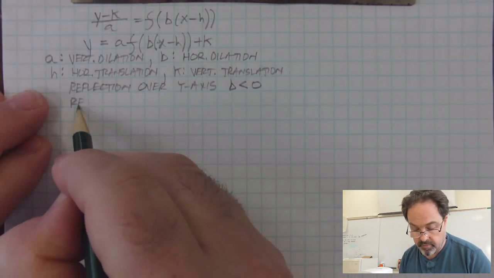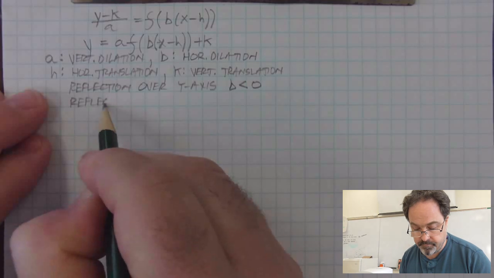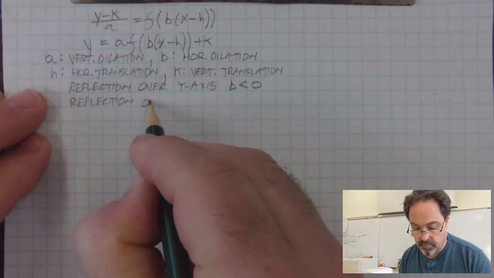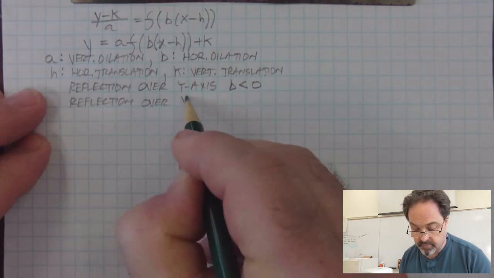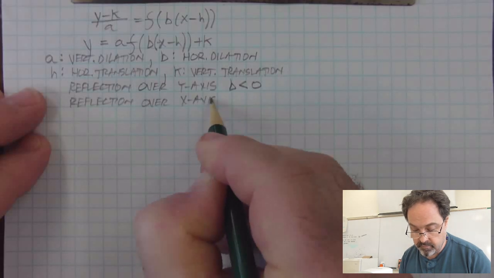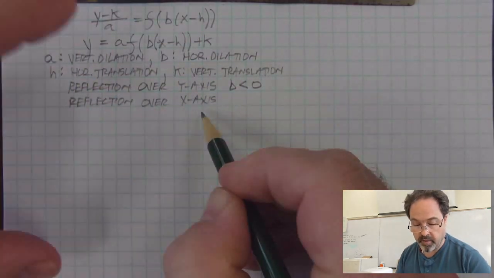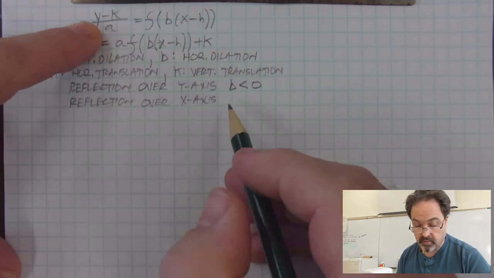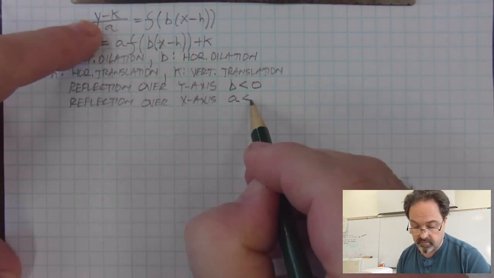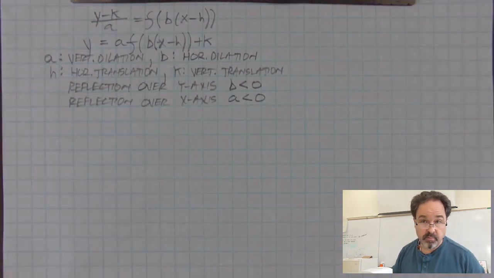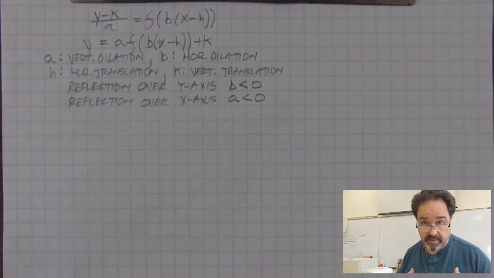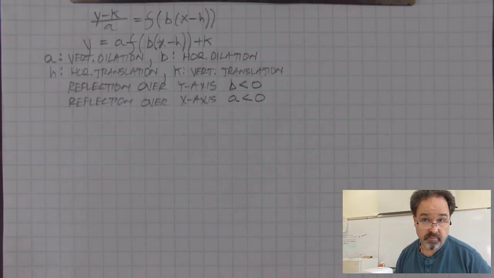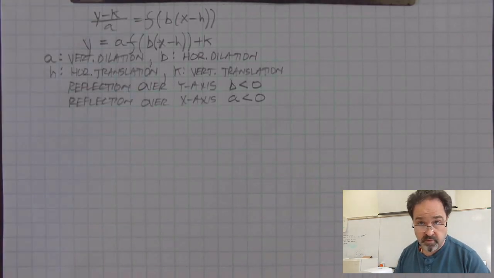And we will get a reflection over the x-axis when the parameter that affects y is negative, so when a is less than 0. A and b affect both dilations and possibly reflection if they're negative. Two different types of transformation in the same parameter.